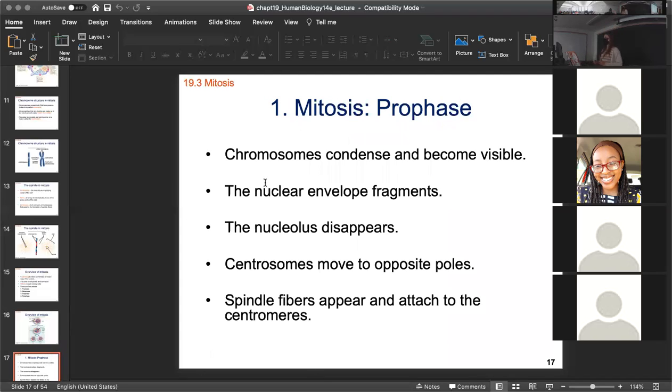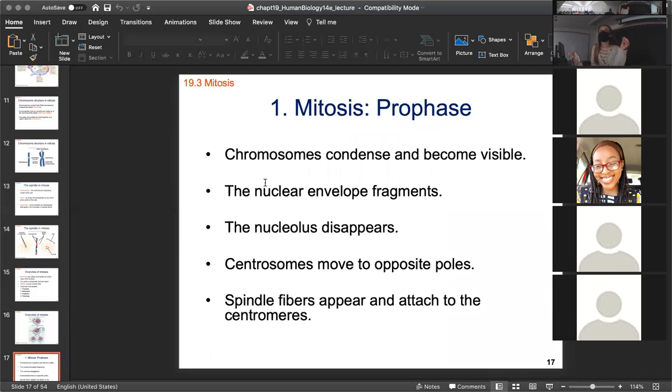That first phase, prophase, we're going to break it down a little bit. Remember, you don't have to memorize the order necessarily or the names, but you'll have to understand the gist of what's going on. Chromosomes condense and become visible. They're super tightly wound and condensed.